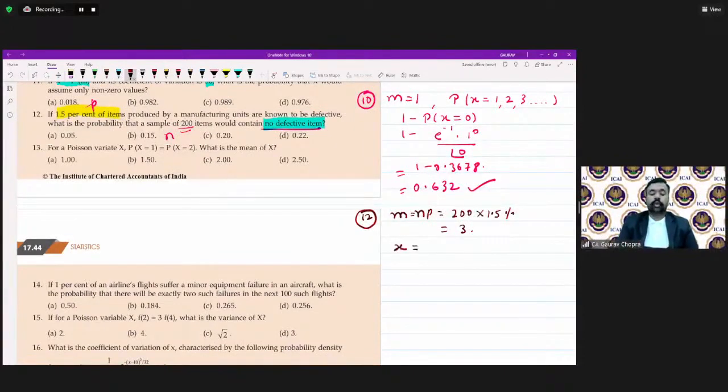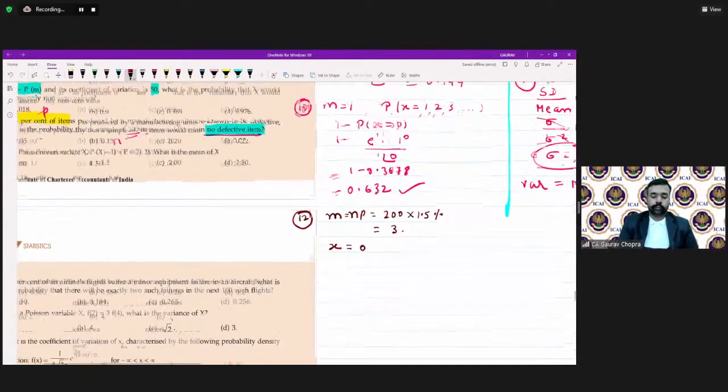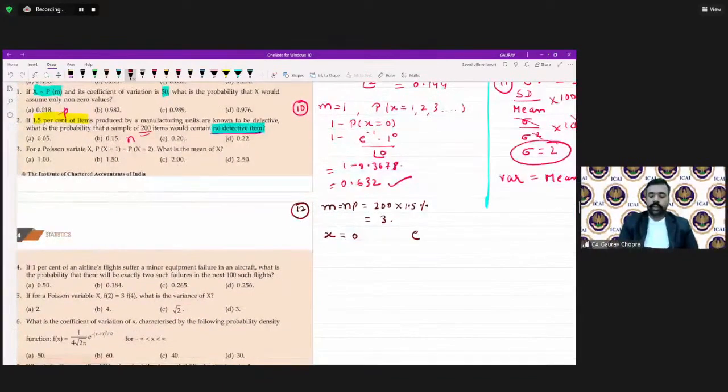And x, no defective item, that means x equal to 0. Now we can solve e to the power of minus 3, 3 to the power 0 upon factorial 0. 0.049, or we can say 0.05.